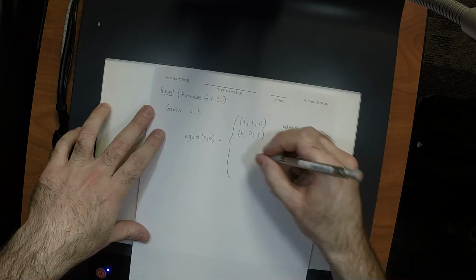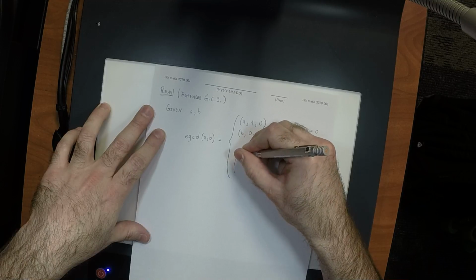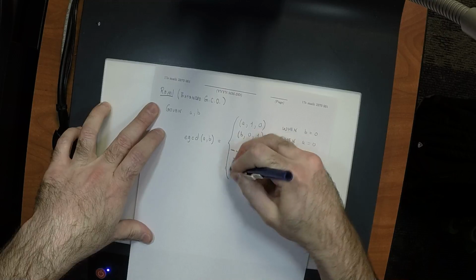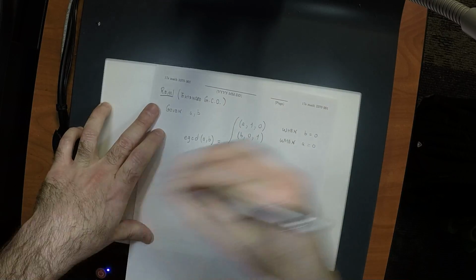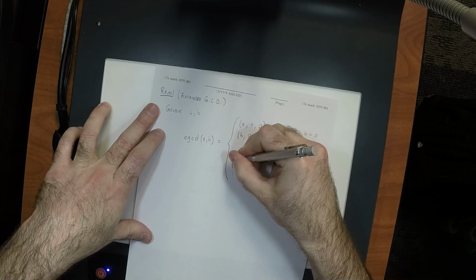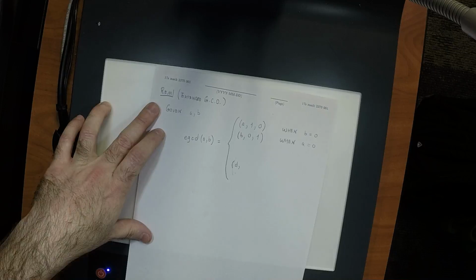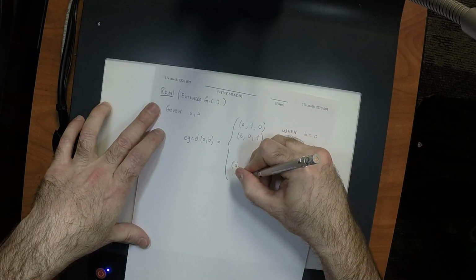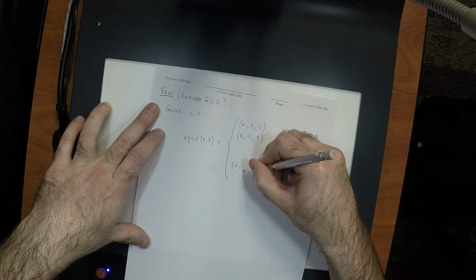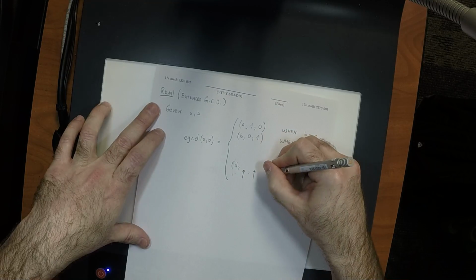So the extended GCD will return for us a D, whatever the greatest common divisor happens to be, and we need to think about what's going to go in that position and what's going to go in that position. So let's think about it for a minute.